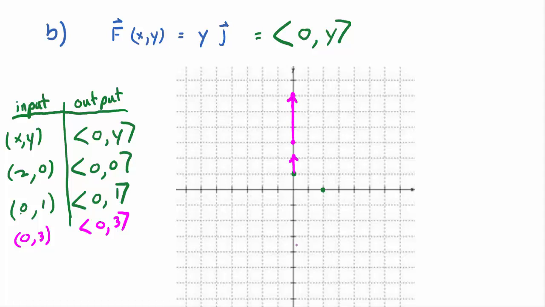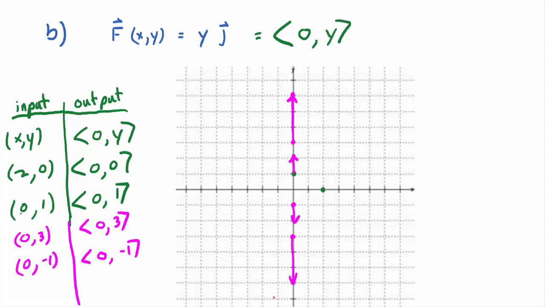But then what if you went down? What if you used an input of 0, -1? Then what's the output? A vector 0, -1, right? So you'd go over 0, but down one, wouldn't you? Or if you put in 0, -3, you'd go in the direction of 0, -3. So over 0, down 1, 2, 3.